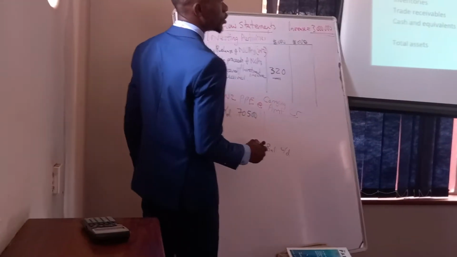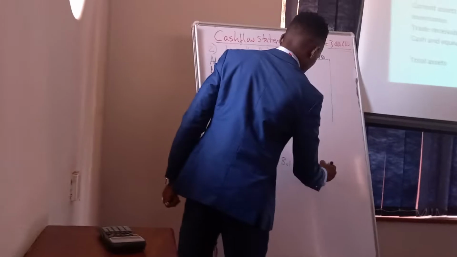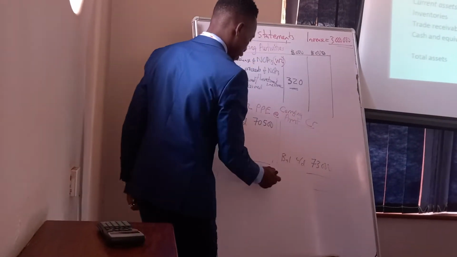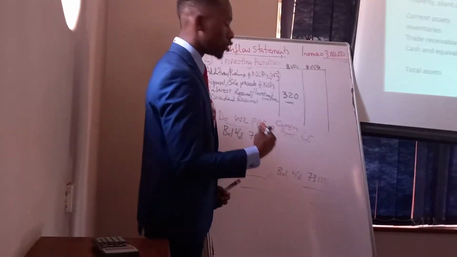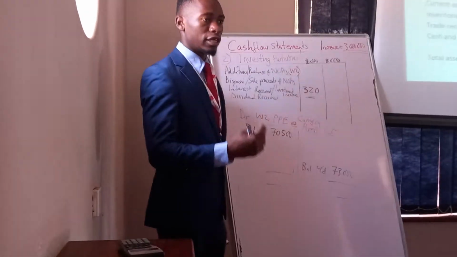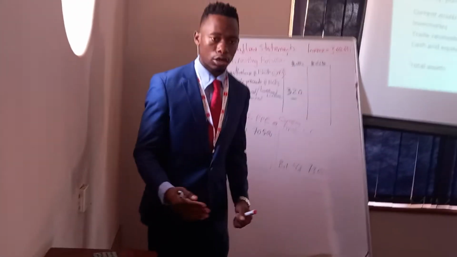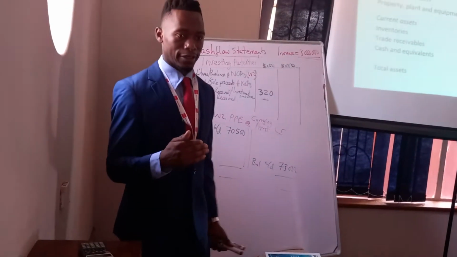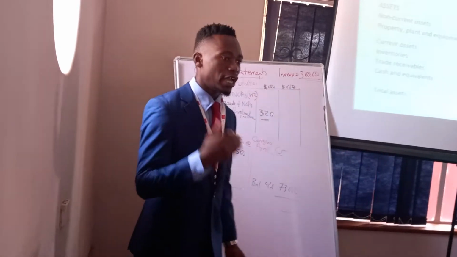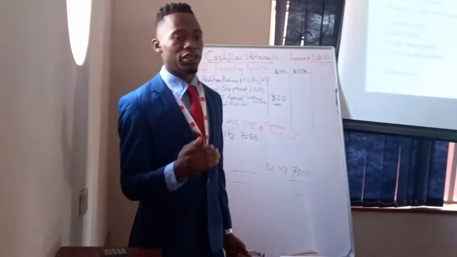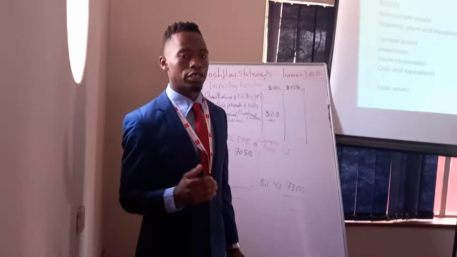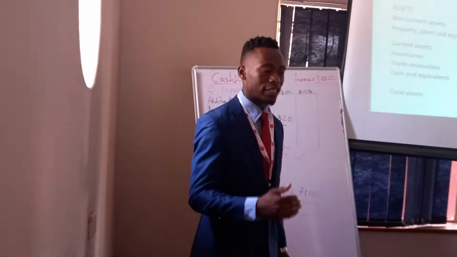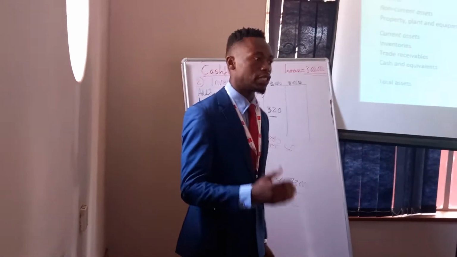These are the balances. So on the debit side, I will record the amounts that increase the balance of PPE. Anything that increases our PPE balance, I will record it on the debit.